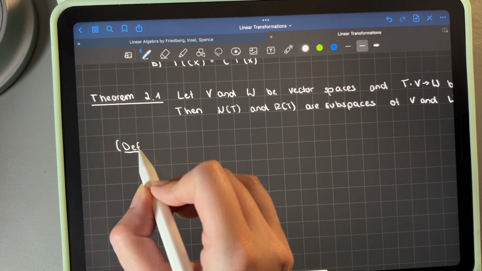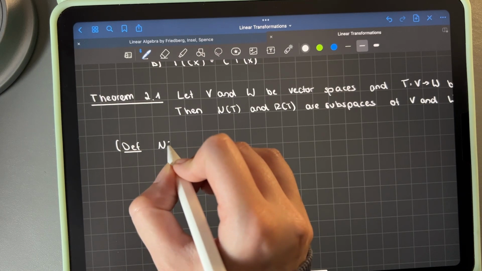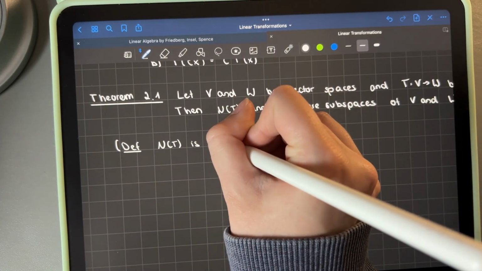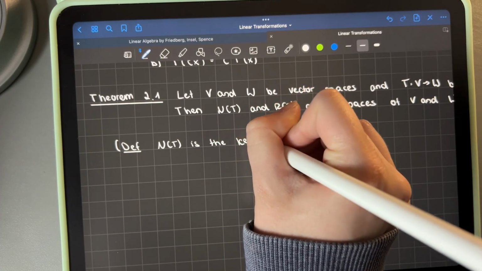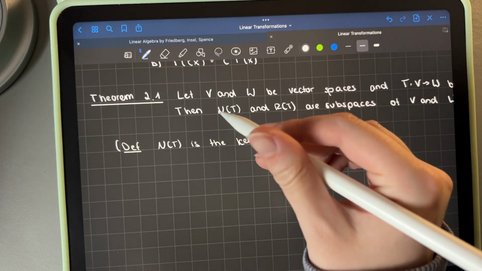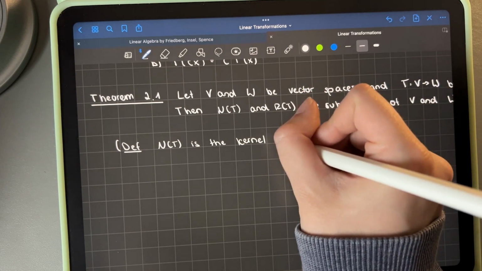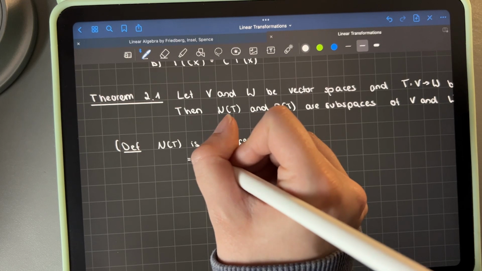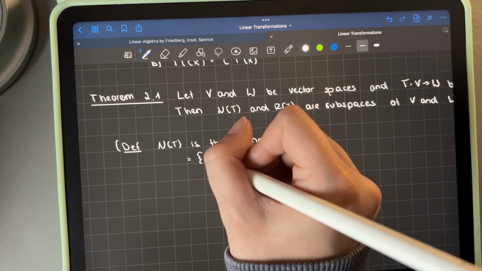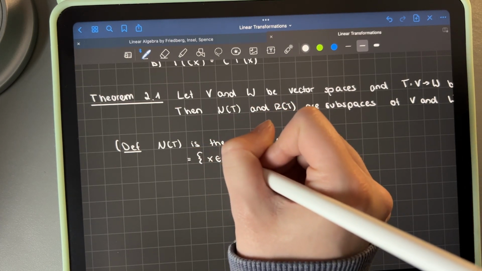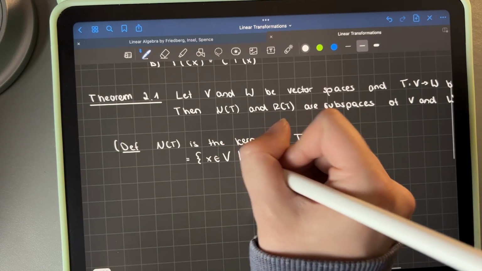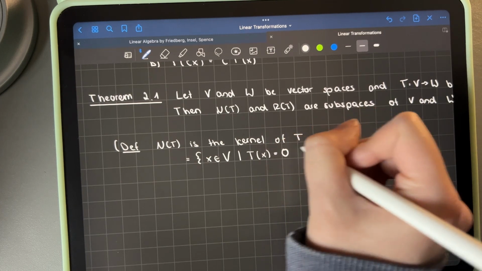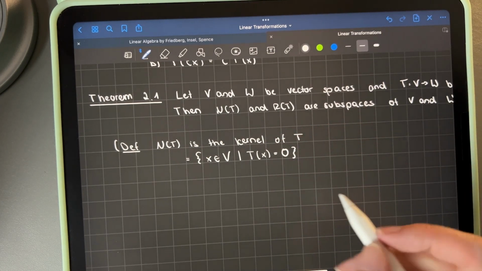Basically, N of T is the kernel, or I think it's also called null space, which is why there's an N of T, and that is all the vectors of V that the function maps to 0 in the target space.